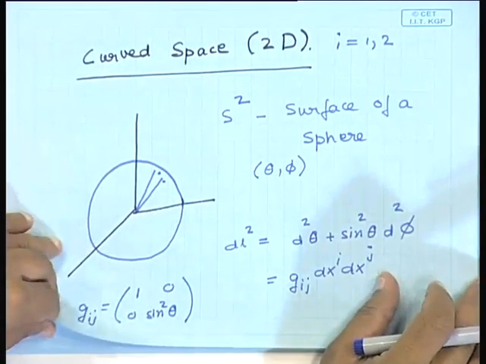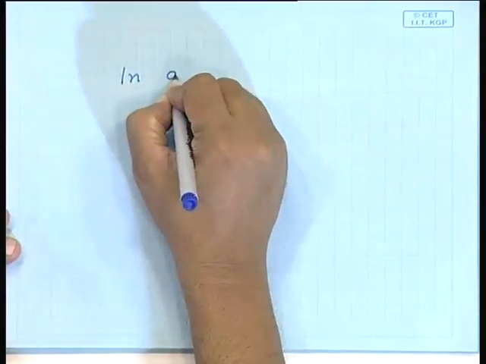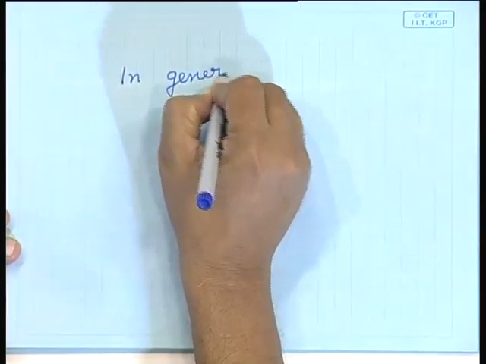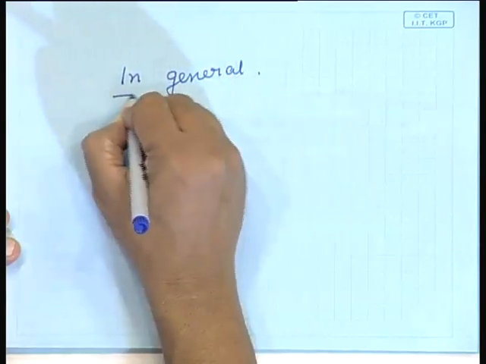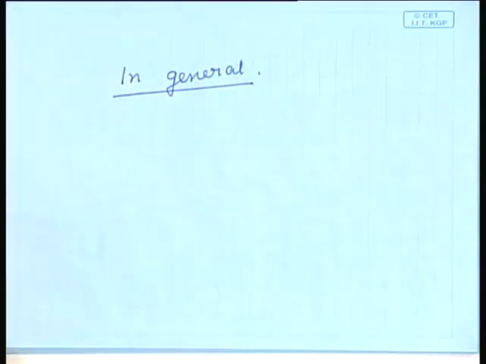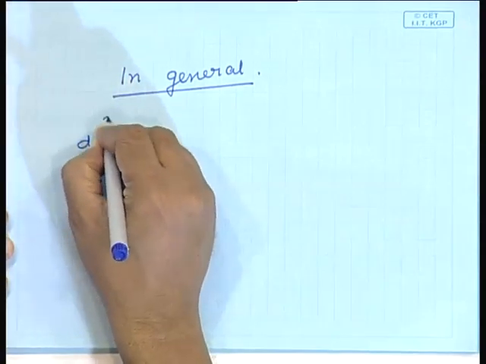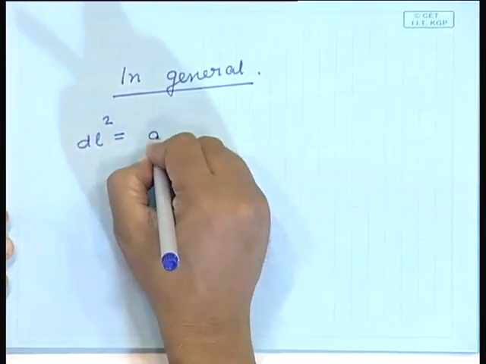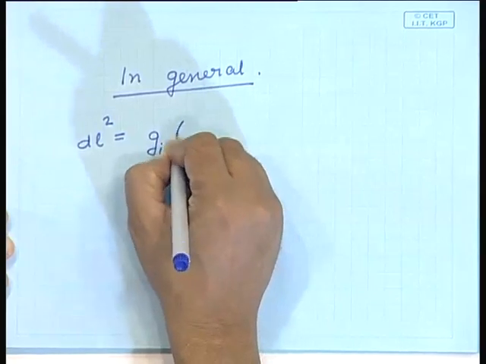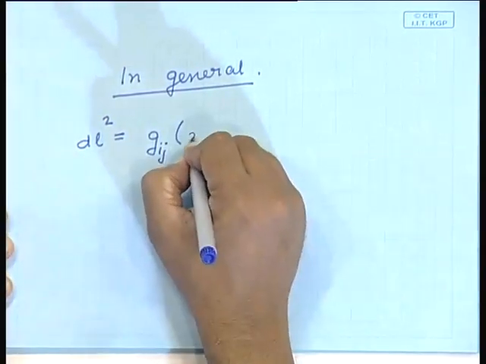So in general, in some arbitrary curved coordinates, or in a curved space, the line element dl square will be written as Gij, where the metric components are themselves functions of the coordinate.